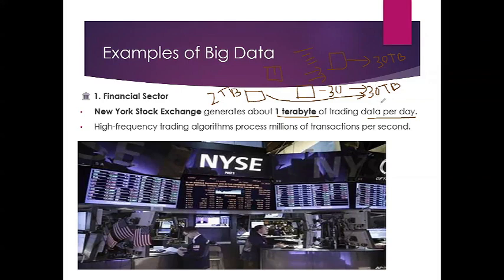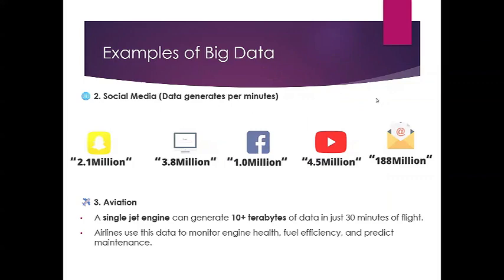So now you can get an idea about how big this big data is, right? Let's see this one. Usually Snapchat creates around 2.1 million transactions, data generations per minute, right?